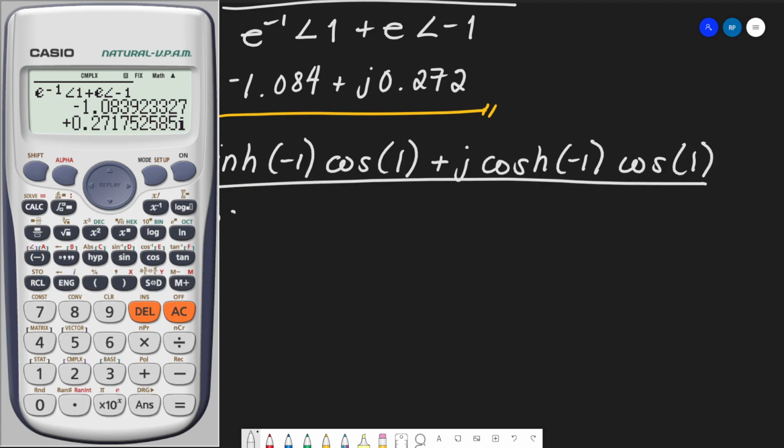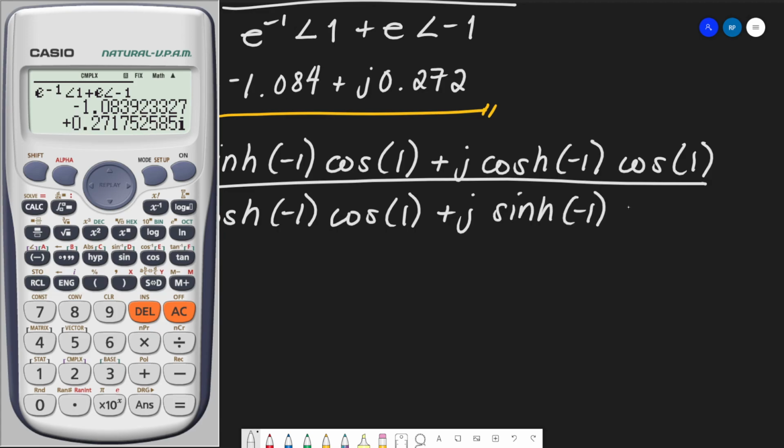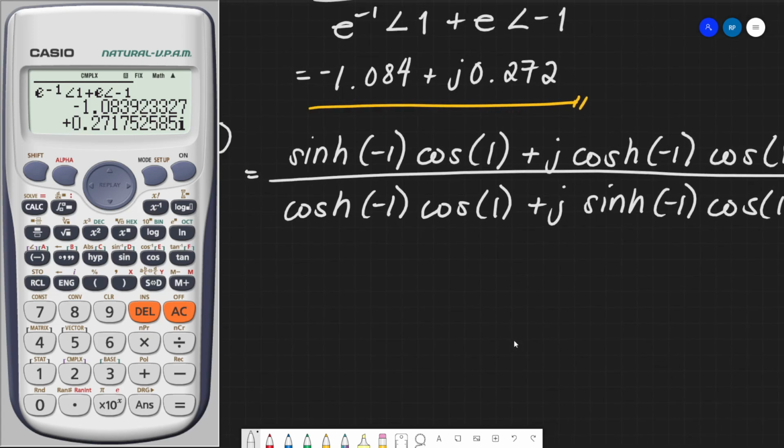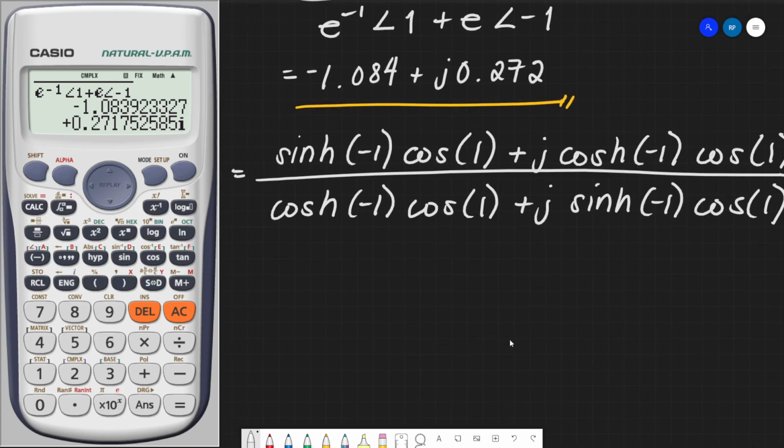Pero since hyperbolic cosine, so we have cos negative 1 cos positive 1 plus j sin negative 1 sin positive 1. So type lang natin to sa calcu ng ganito, pakita ko sa inyo paano siya type.